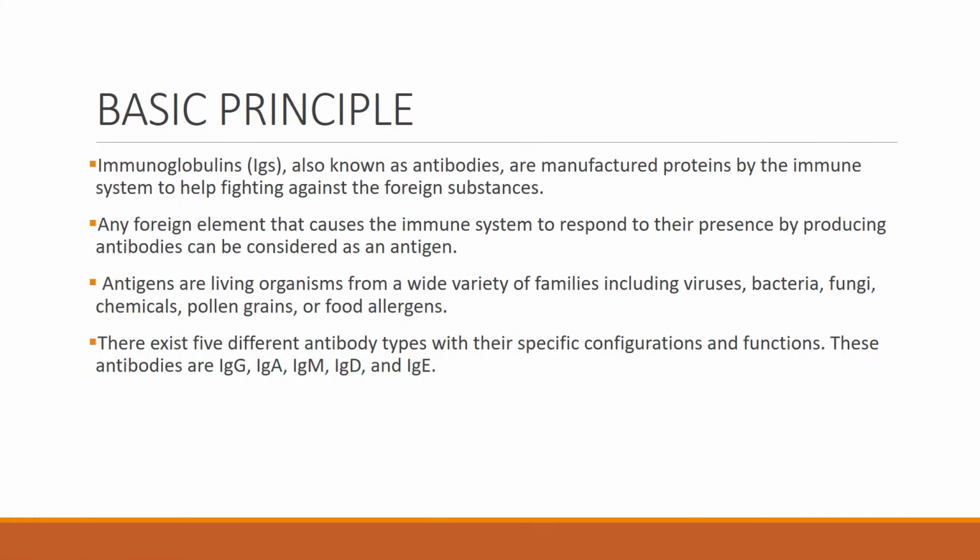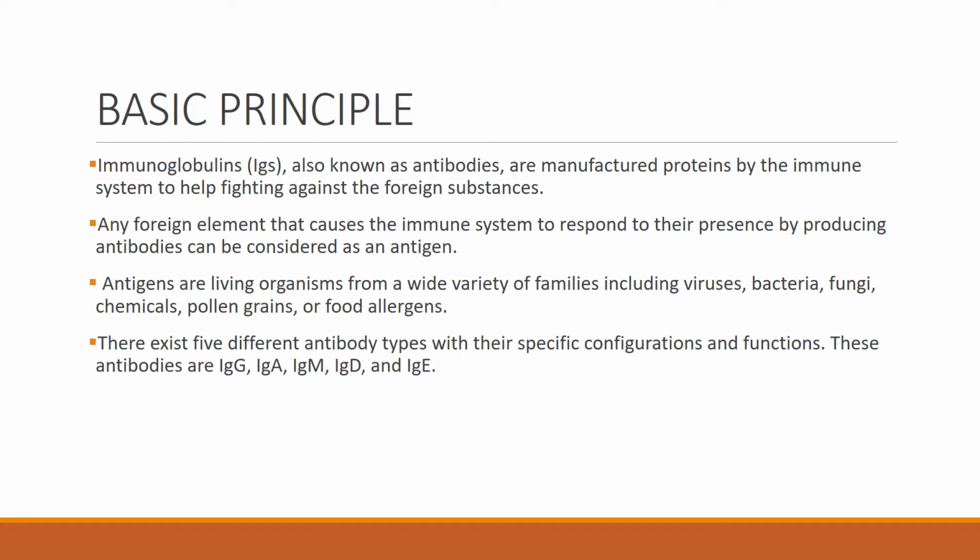Now, the basic principle involved in this assay. Immunoglobulins, also known as antibodies, are proteins manufactured by the immune system to help fight against foreign substances. Any foreign element that causes the immune system to respond to its presence by producing antibodies can be considered an antigen.